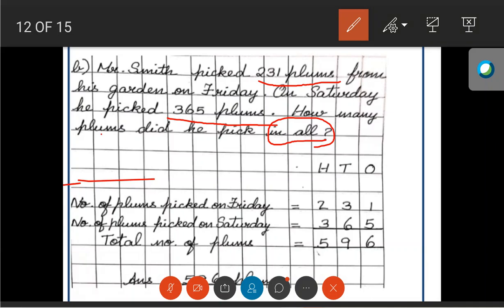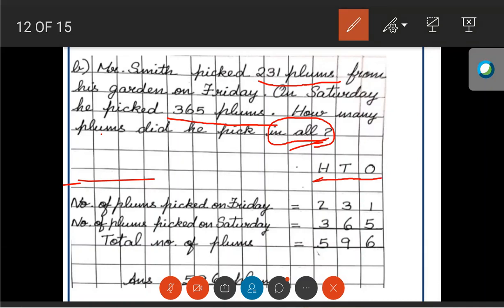So, in all is the key term. In all means addition. Next, what are we going to do? Add the number of plums picked on Friday and Saturday. So first, leave one line and write place values, H T O: hundreds, tens, ones.